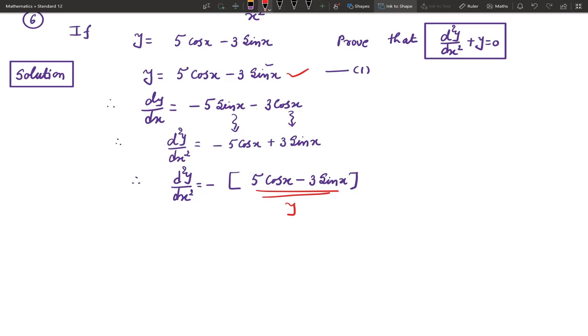So we can write this one as, therefore d2y by dx2 equal to minus y.